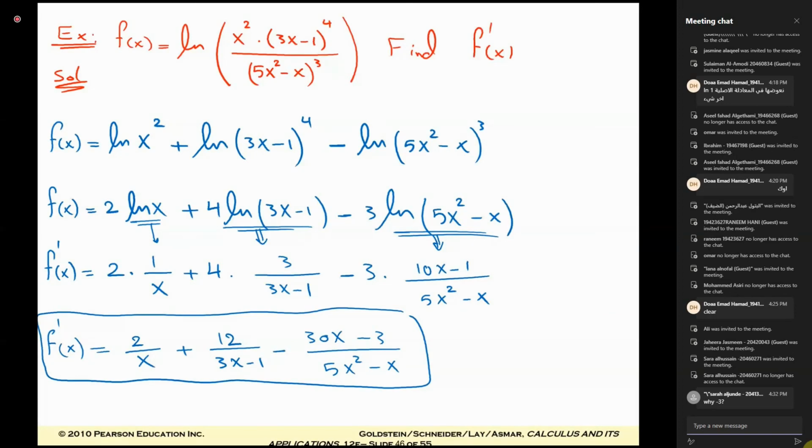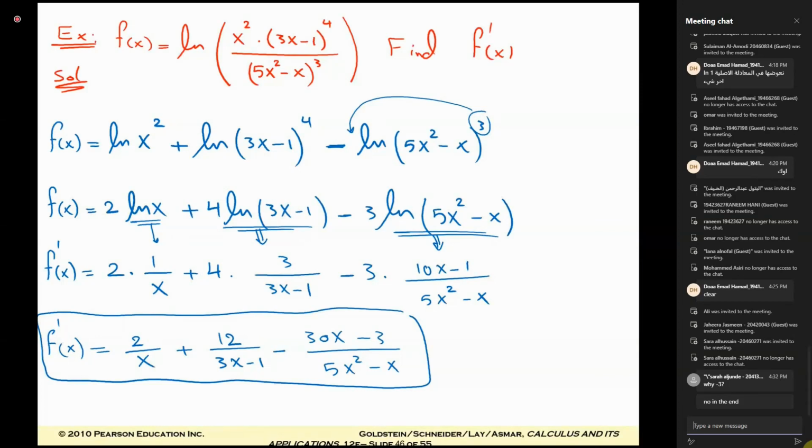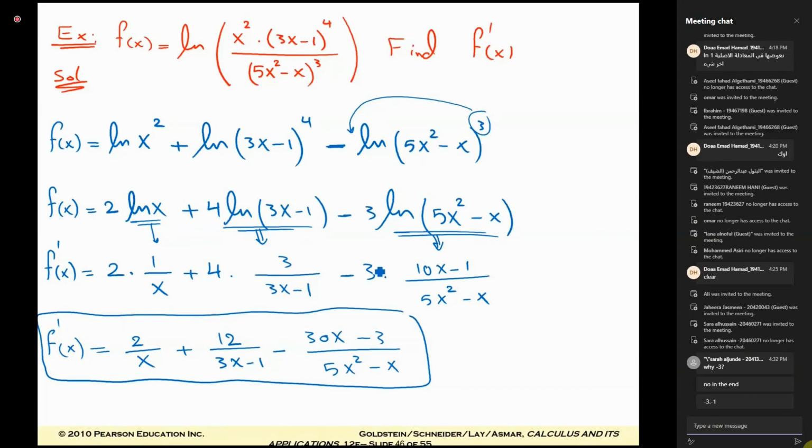This 3 we brought out here, and I have a negative, because this is in the denominator, so distribute the ln but put it as negative ln, not positive ln. Okay, this is 3 multiplied by 10 and multiplied by 1. This is subtract, so we have 3, only 3. 3 multiply 10, 30. 3 multiply negative 1, negative 3.